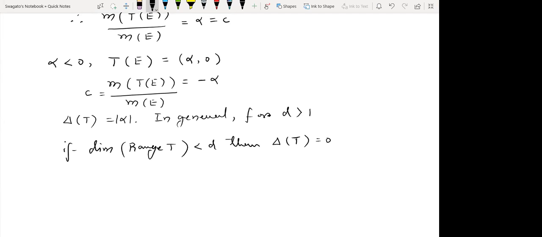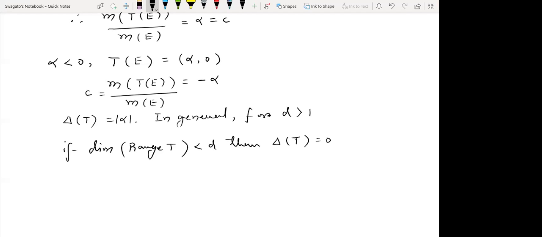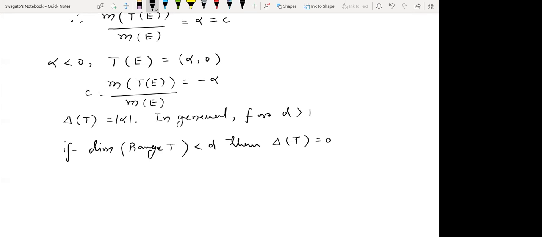Dimension of a point is 0. Measure of a point is 0. What does it say about alpha? You are on a one-dimensional space, so the dimension of the range of T is either 1 or 0. But your Tx has to be of the form alpha x. So what does it say about alpha then, if this case has to occur in one dimension? Alpha equals 0. So we did get C equal to 0 in that case.